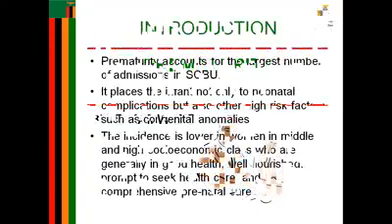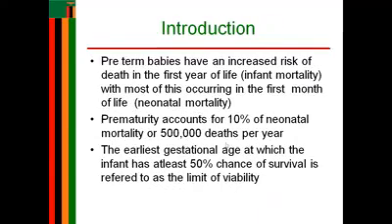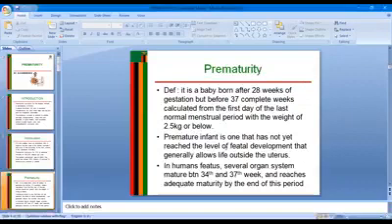So when it comes to prematurity, we can define it as a pediatric condition in which the baby is born after 28 weeks of gestation, but before 37 complete weeks, calculated from the first day of the last menstrual period, characterized by large head in proportion to the body, widely spaced sutures, and small chest less than 33 centimeters. So that is the complete definition of prematurity.